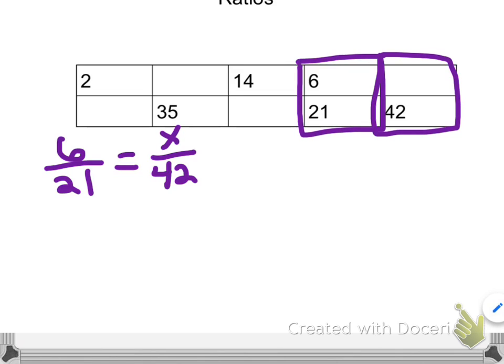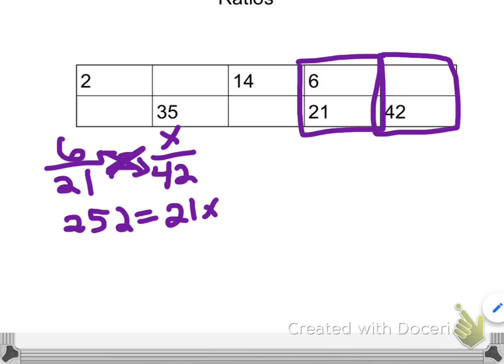And like in the last video, we looked at cross multiplying to solve this. So I'm going to go across here, these two, 6 times 42. And I'm going to get 252 equals 21x, as I cross multiplied this way.